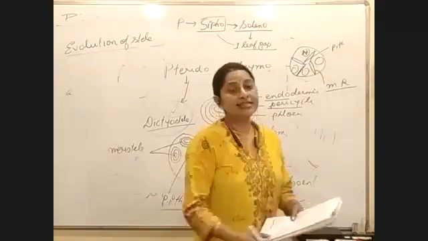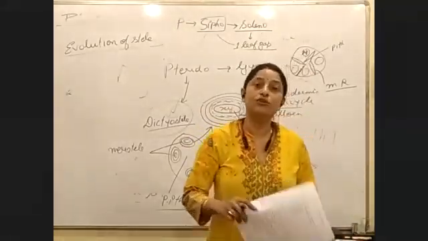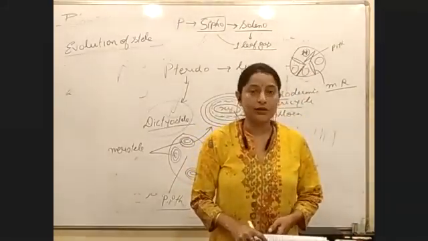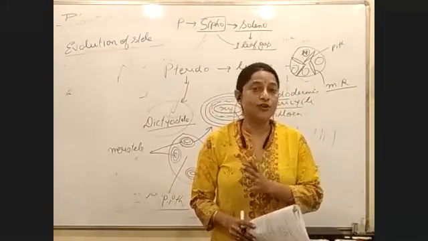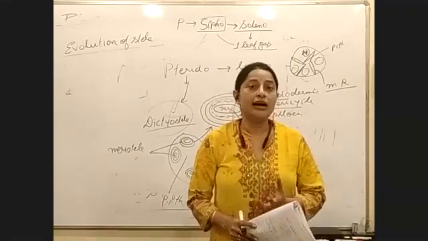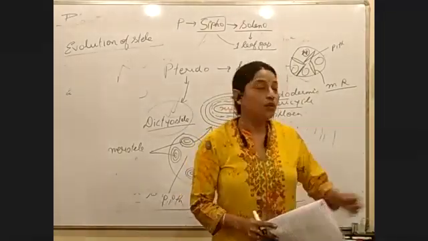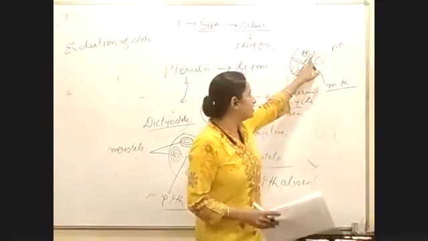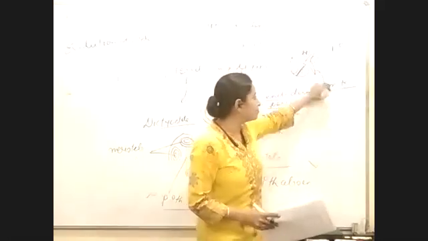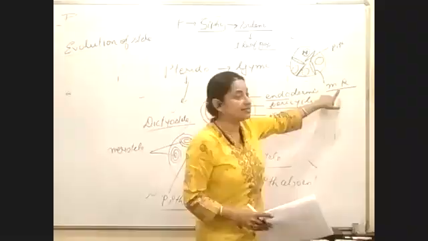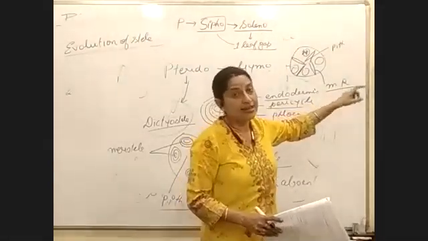Medullary rays we generally did not see in pteridophytes or lower plants, right? As the plant gets evolved, as the water necessity increases, we see the development of other tissues, certain ray-like tissues within the vascular bundles. These are called medullary rays.